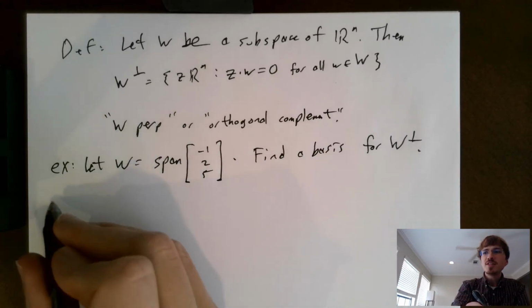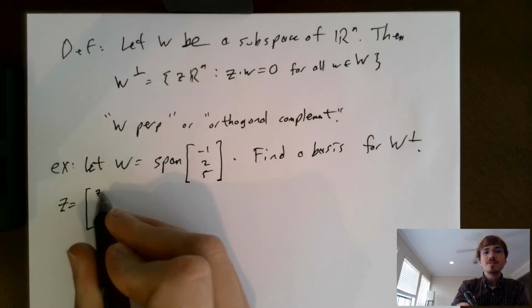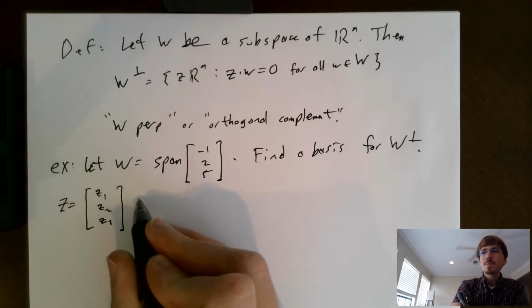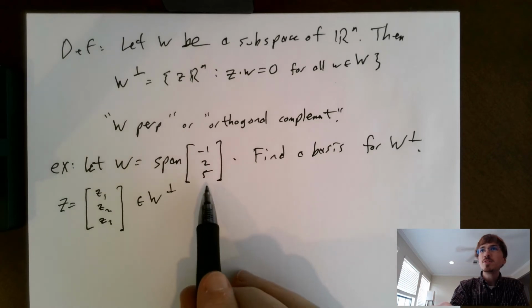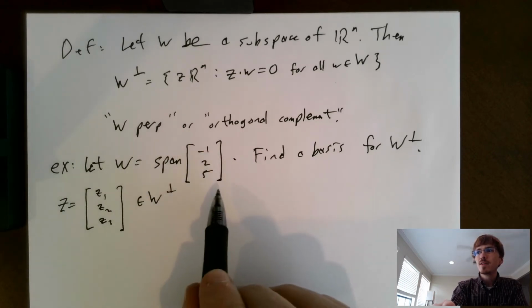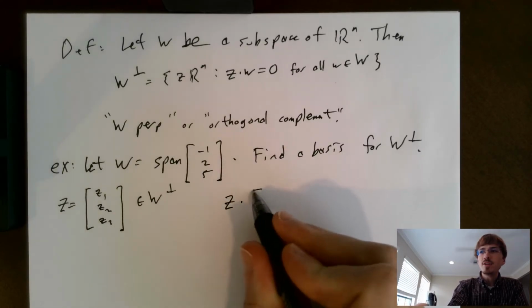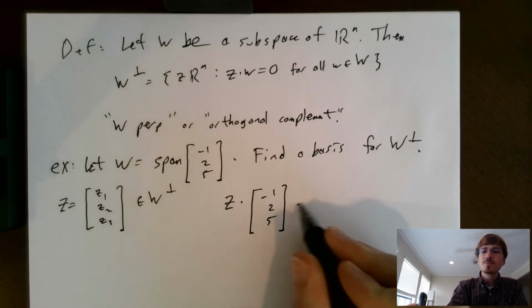Alright, so let z be some vector z1, z2, z3, and suppose that this is an element of W perp. What does it mean if it's an element of W perp? It must be perpendicular to every vector in the span. That means z has to be perpendicular to every basis vector.